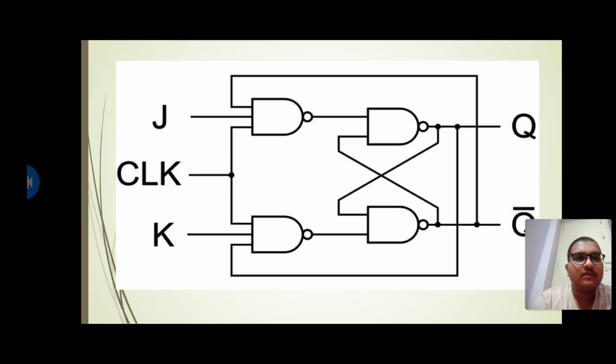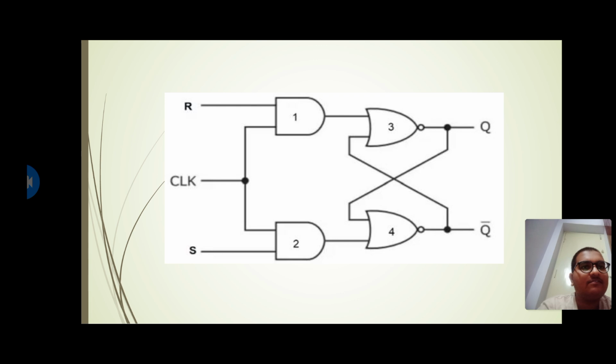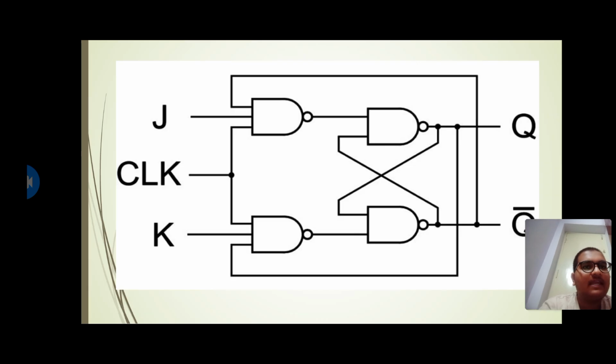Now let us go into the circuit diagram. Here we can see the first NAND gate is connected to the second NAND gate. If we consider them as 1, 2 and 3, 4 as in the SR flip flop, then the first NAND gate consists of one J input and the clock pulse, and another input Q bar.